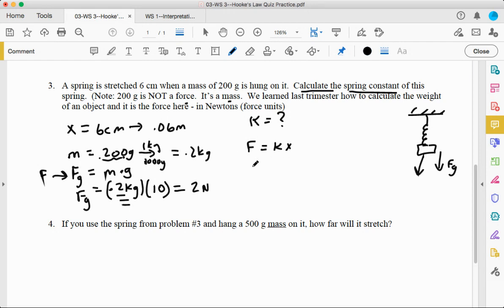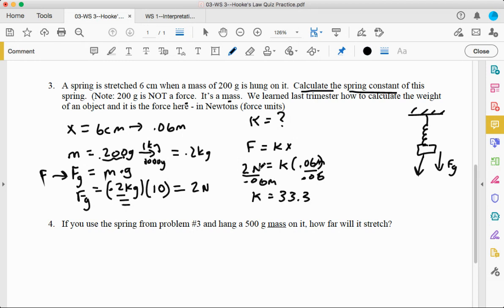It's the weight of that thing. So 2 newtons equals K, which we're trying to solve for, times X, which is 0.06 meters. Once we divide both sides by 0.06 to solve for K, K becomes 33.3 repeating.